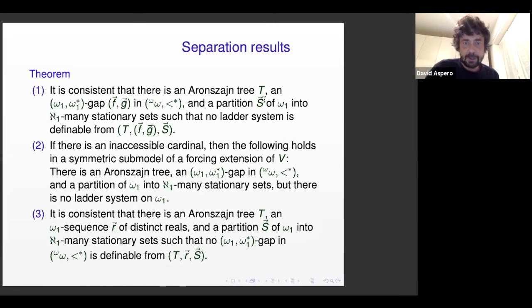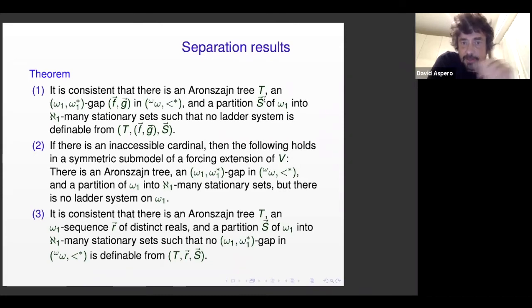Okay, now let me mention some separation results, and eventually I'll draw a broad picture of what this shows. So we have that ladder systems are very powerful, but it's consistent to have an Aronszajn tree T, an omega 1 gap in the reals on eventual dominance, and a partition of omega 1 into omega 1 many stationary sets, such that no ladder system is definable from these objects.